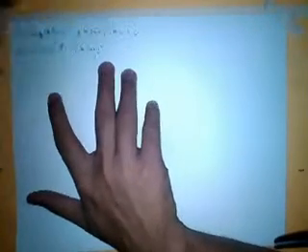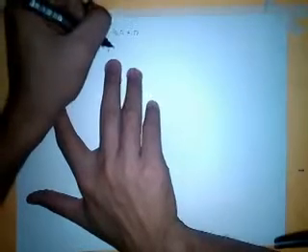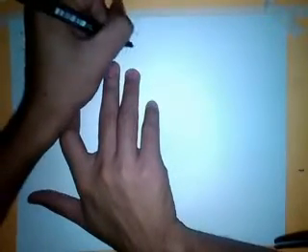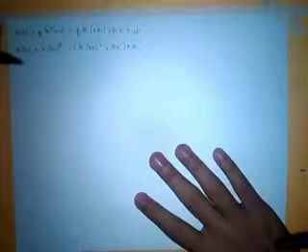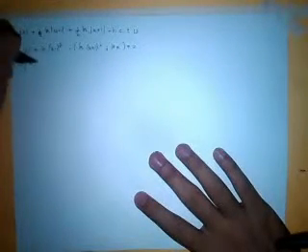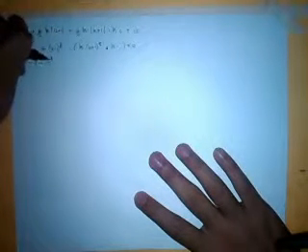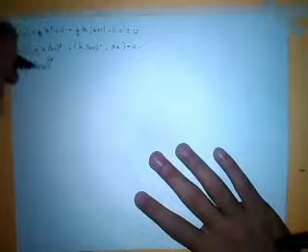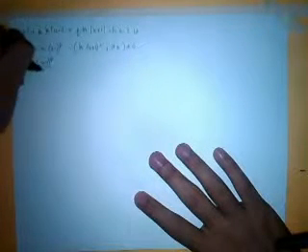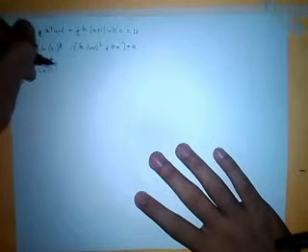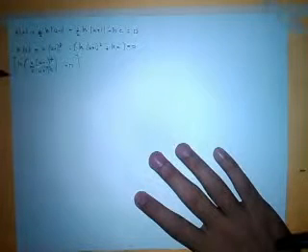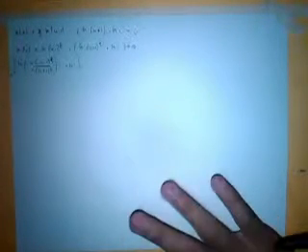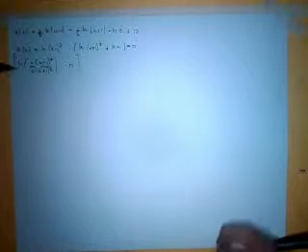The negative of the negative becomes positive, so ln of c is equal to 0. Next, we have to make it only one ln. So this is x times u minus 1 to the 3/2 over c times u plus 1 to the 1/2 is equal to 0.